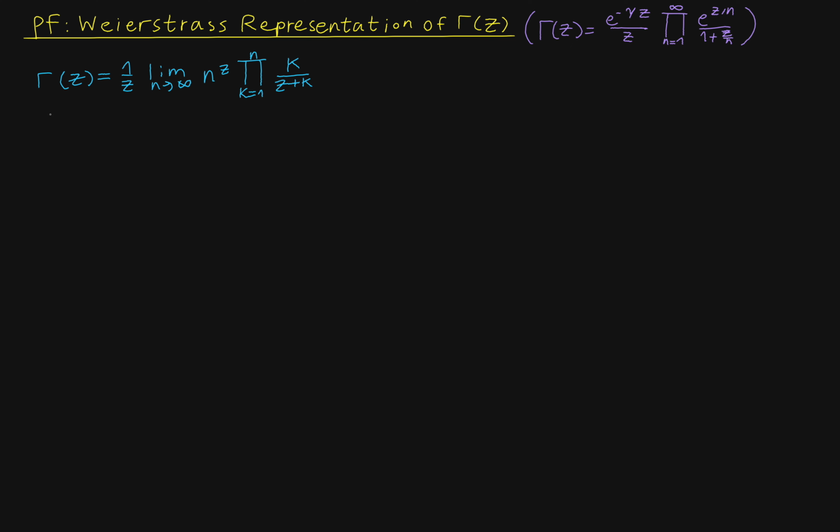So we're going to have 1 over z times the limit as n approaches infinity of, so e, n to the z, we can write this as e to the z times ln of n.